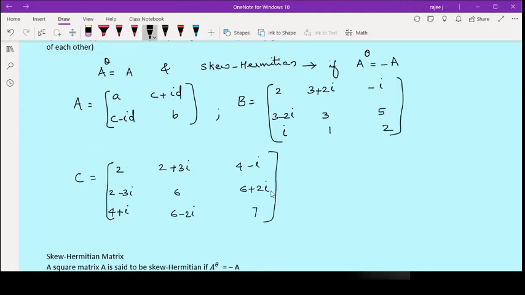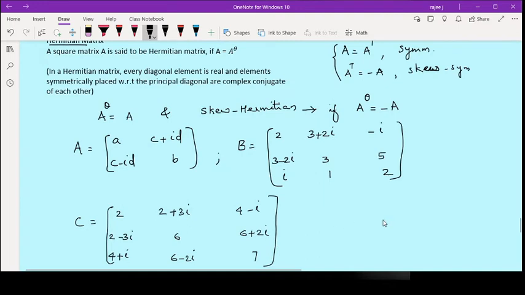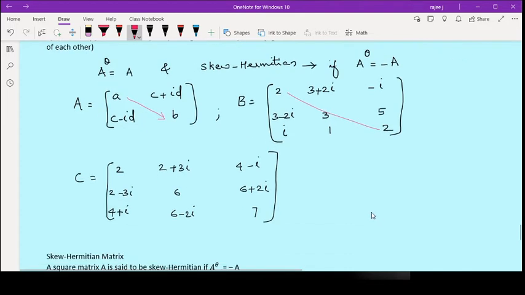Okay, all three are Hermitian matrices. So can you define? Look at all the three matrices. Here diagonal elements a and b, they are the diagonal elements. Here the diagonal elements are 2, 3 and 2. Here the diagonal elements are 2, 6 and 7.